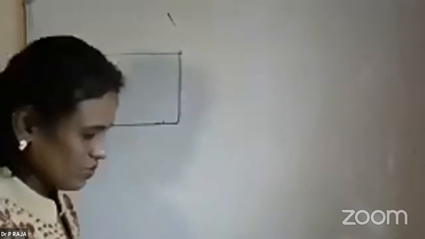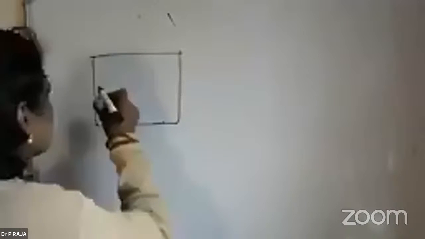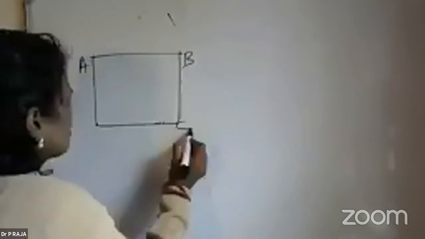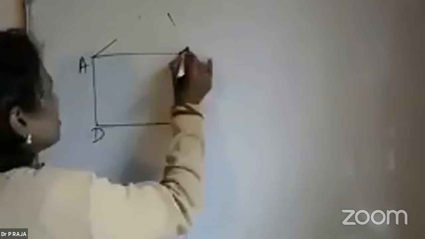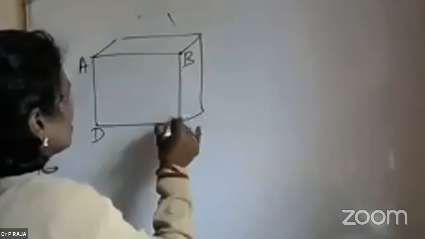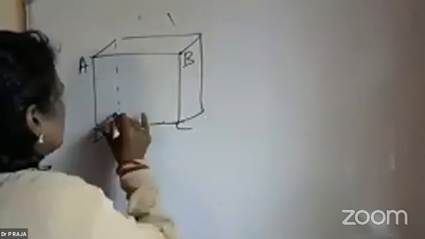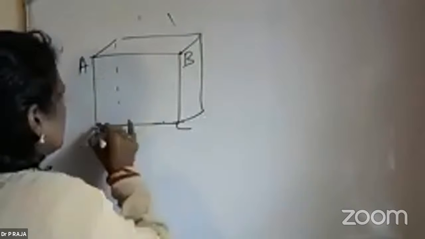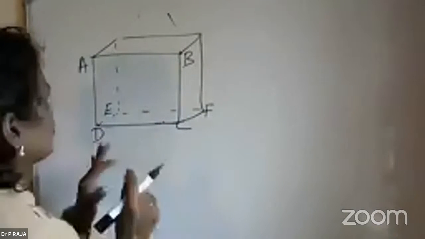Imagine that this is a cube, and you apply a tangential force on it, so the body gets sheared like this. So this is A, B, C, and D, and this is E and F.